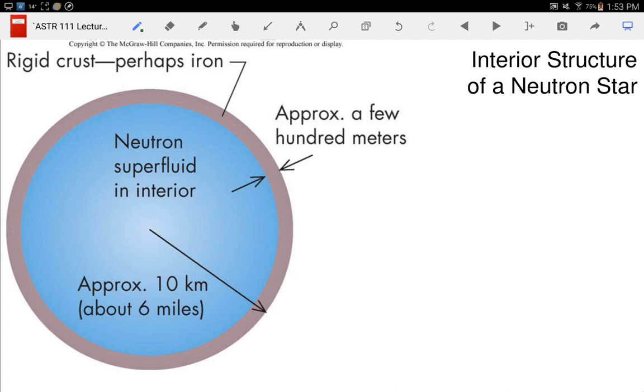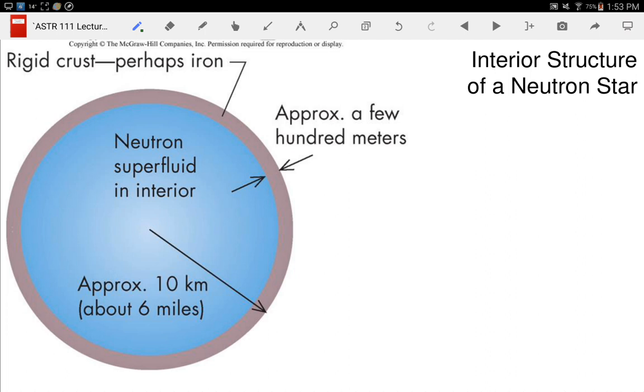And so that's really, really dense. The density of the neutron star is the same as the density of the nucleus of an atom. And so if you had a teaspoon of neutron star material here, it would weigh tons. Right? It's extremely dense. And the inside here is, it says, a neutron superfluid.